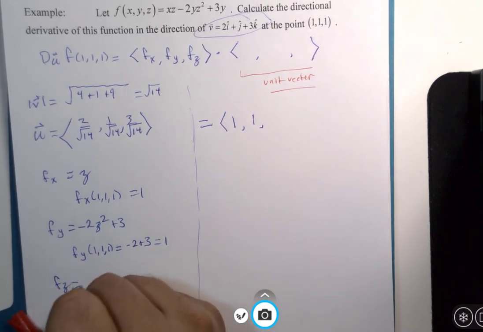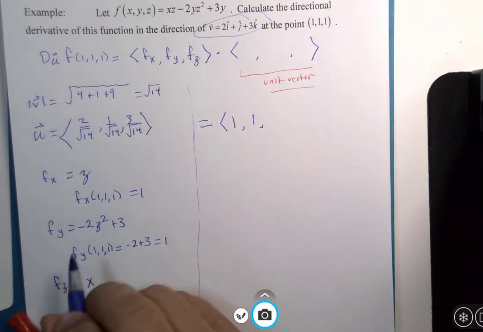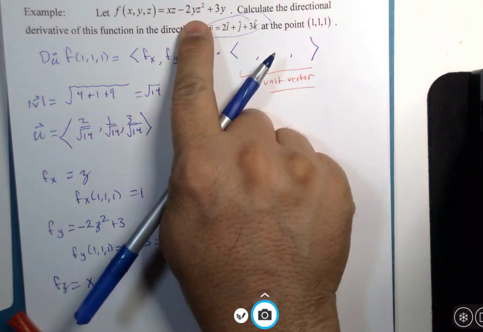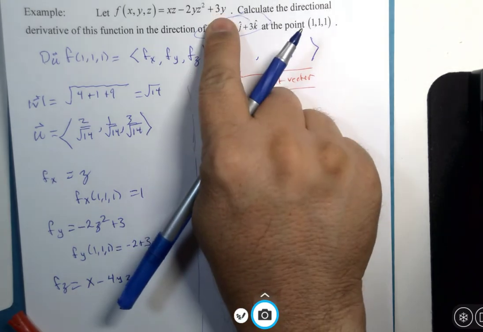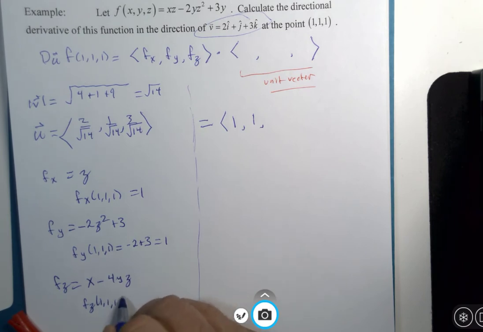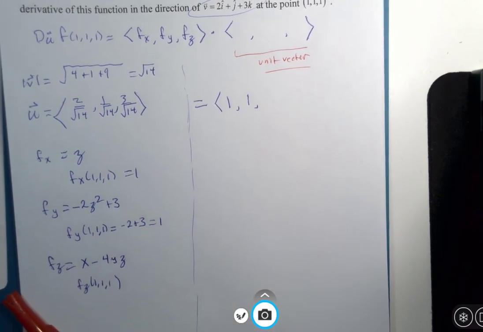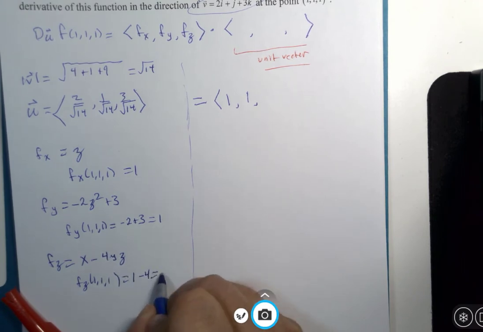Z partial derivative. Derivative of xz is x. Derivative of this is going to be negative 4y z to the first. Derivative of 3y is 0 because it's a constant now. At the point 1, 1, 1, I have here 1 minus 4, negative 3.